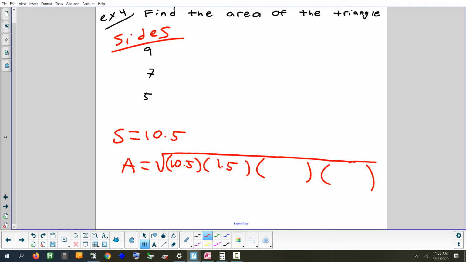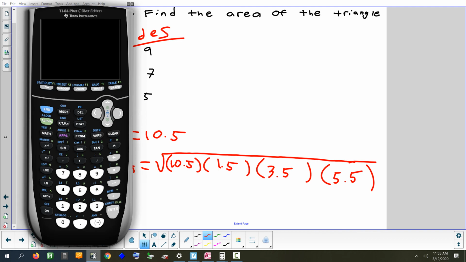Now we've got to do S minus the next side. Kea, what's S minus 7? Yep, 3.5. And Chris, what's S minus the last side? 5.5. And now just type it in. And that's the area of your triangle.